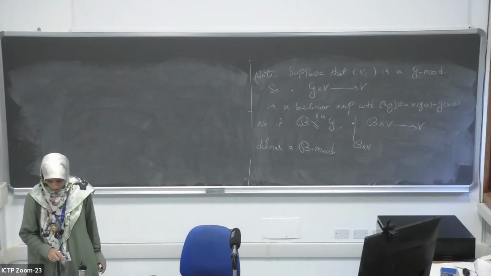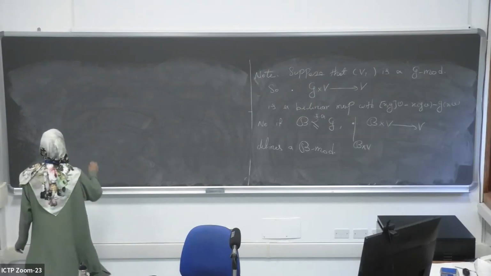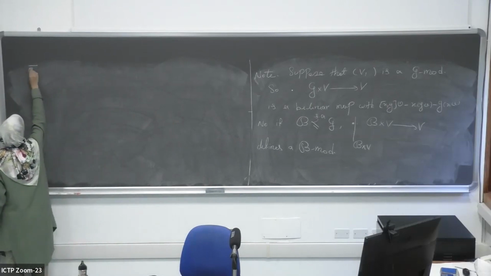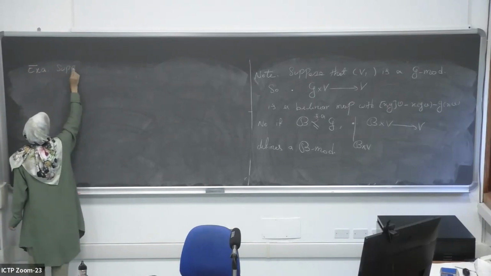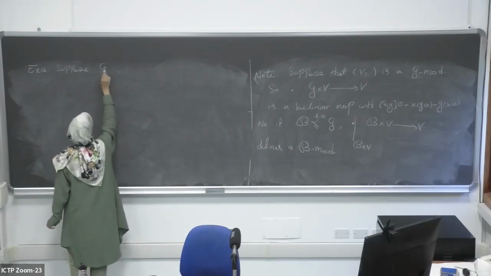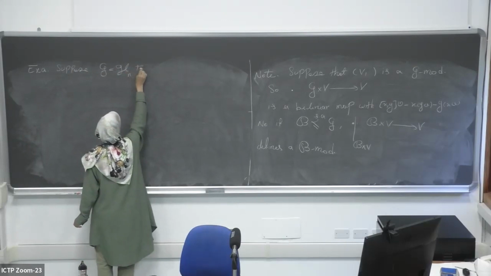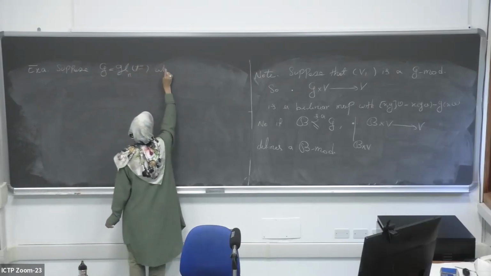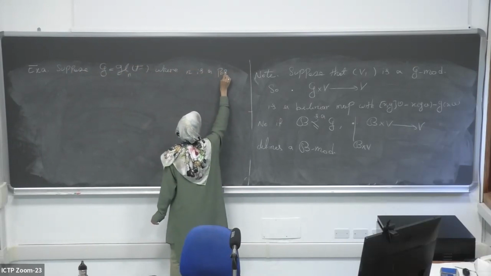Okay, let's look at an example. Suppose G is gl_n(F), where n is a positive integer.